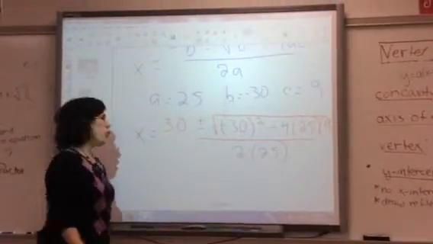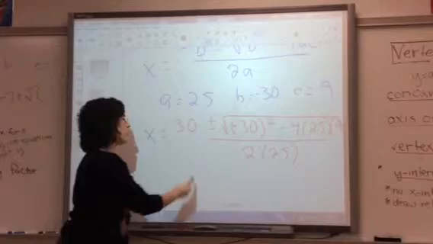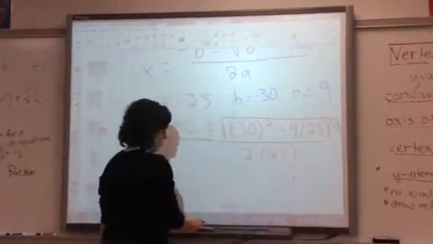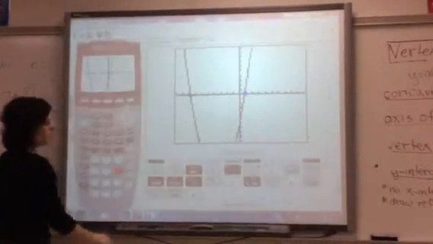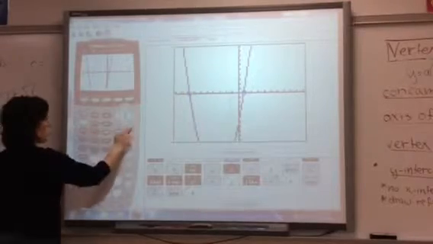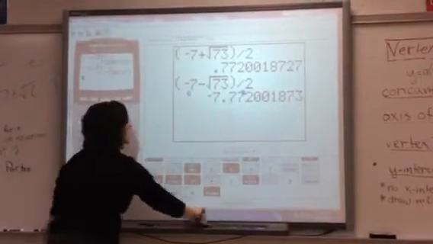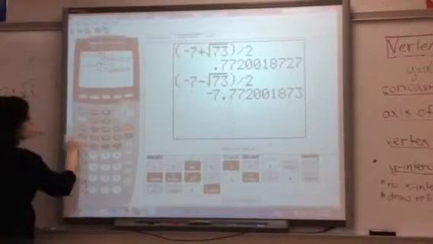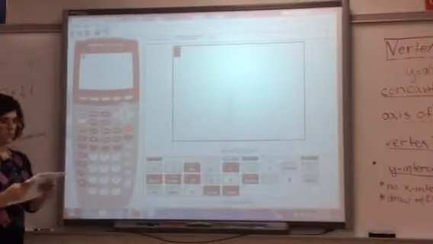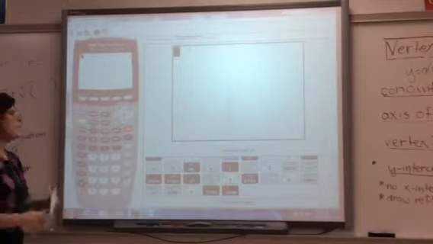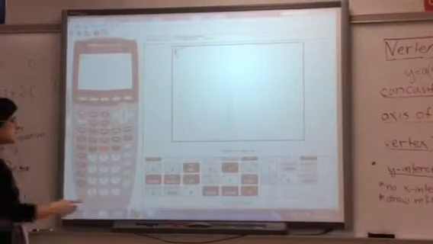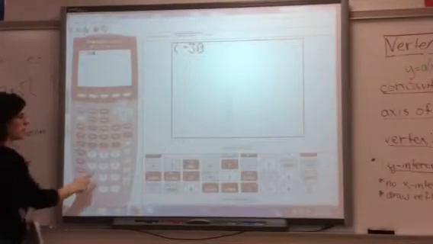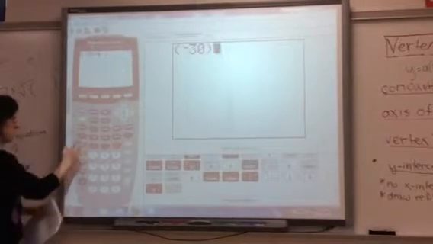Alright. You do not type this whole thing in your graphing calculator. Only type in what's underneath the square root. So go to your graphing calculator. Make sure you put negative 30 inside parentheses.